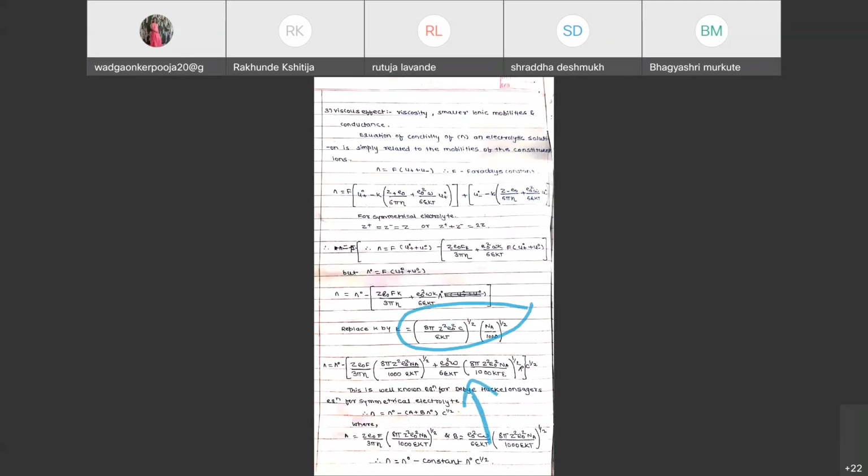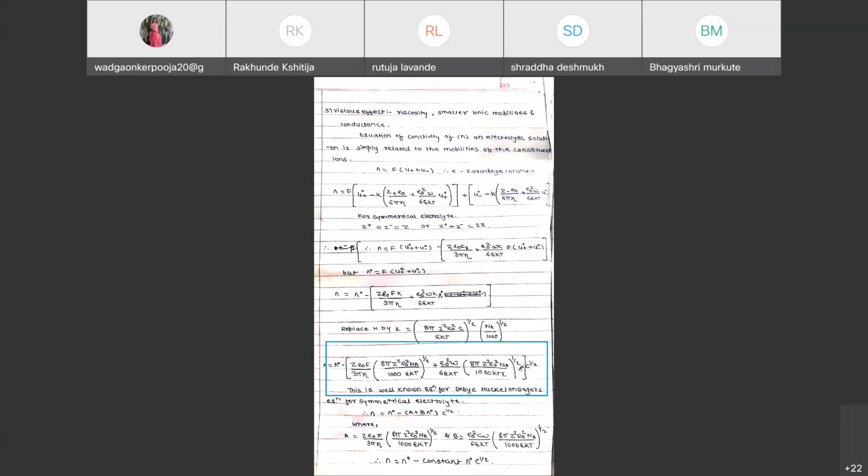And once you have all these things, then you can know from this equation, once you put all these values, you have this detailed equation.